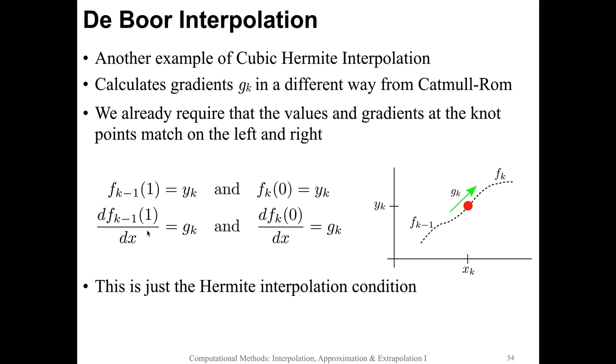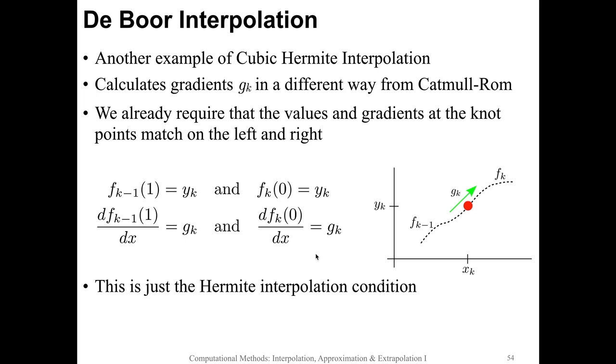Similarly, the gradient of the left-hand function evaluated when u equals 1 should be equal to gk, and the gradient of our right-hand function evaluated at the start should also be equal to gk. This is just what the Hermite interpolation conditions require us to satisfy.